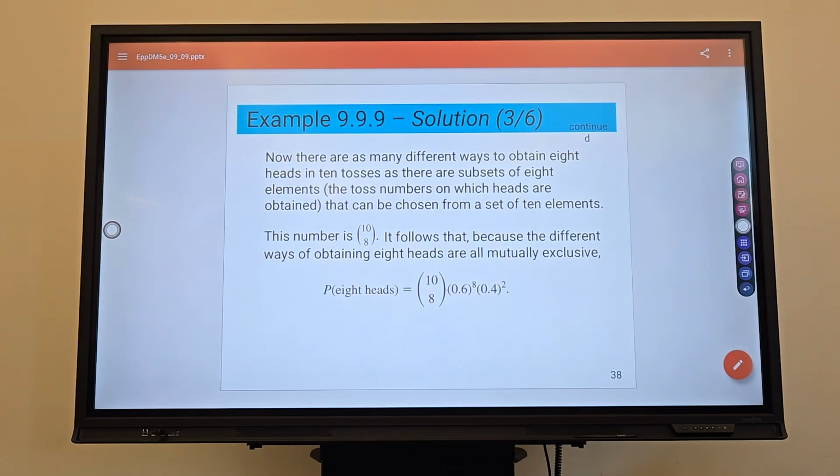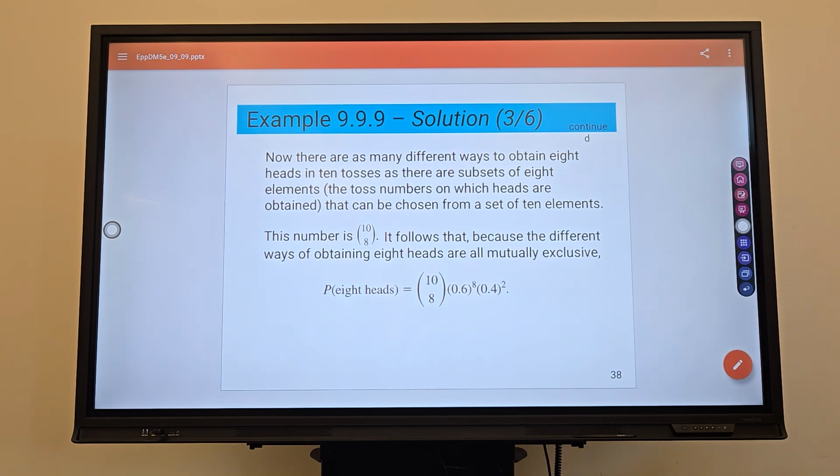Now, there are as many different ways to obtain 8 heads in 10 tosses as there are subsets of 8 elements that can be chosen from a set of 10 elements. This number is 10 choose 8.